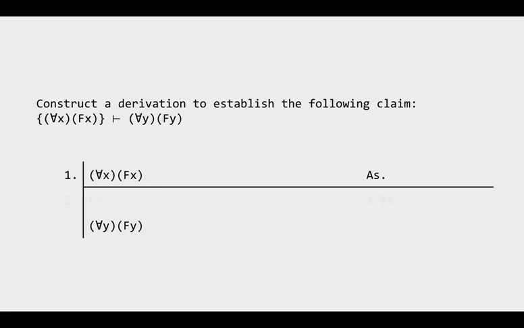So this is simple enough. Here's how it's done. In step 2, you go ahead and remove that universal quantifier. So that's line 1, universal elimination. And what we've done is we've just given it the individual constant a. Now think about this for a second.